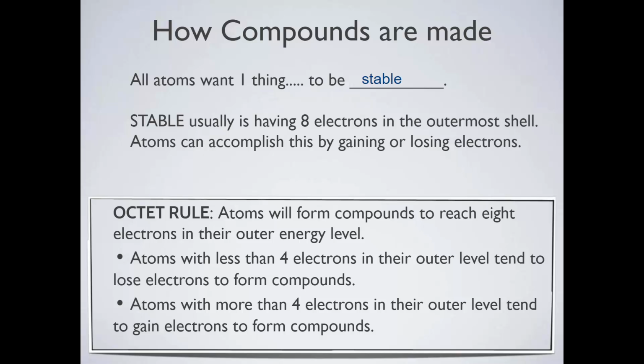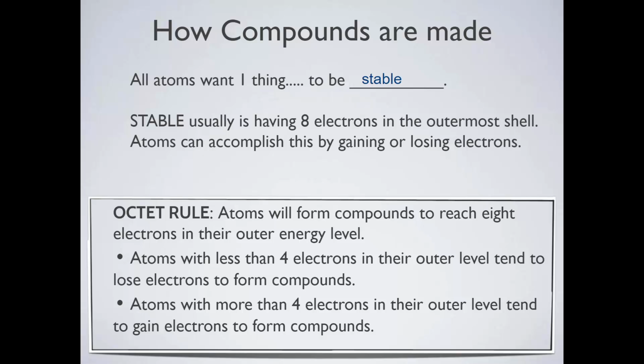So, if you have an element that has 3 electrons in its outer shell, what's the easiest way for it to get a full outer shell? To get rid of those 3. Send them somewhere else. And then those 3 will be gone, and the next level below it will be full. What if something has 7? What's easiest? To gain 1 more, and that would give them 8.